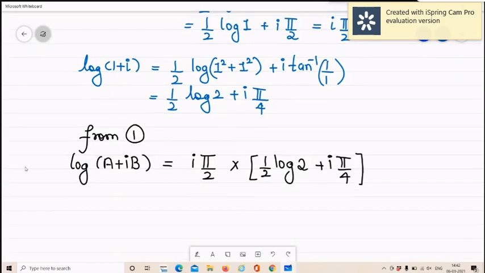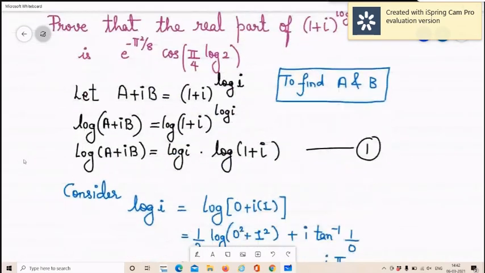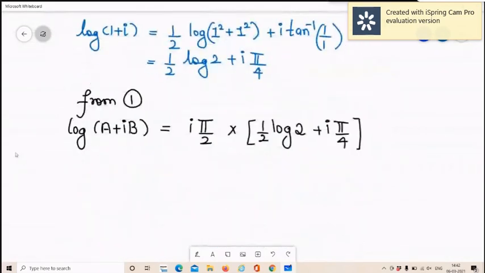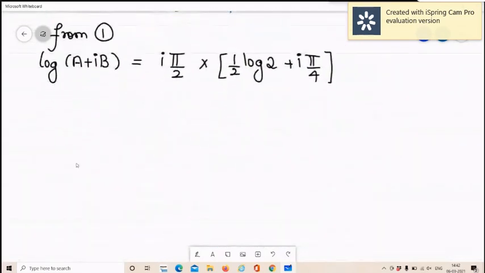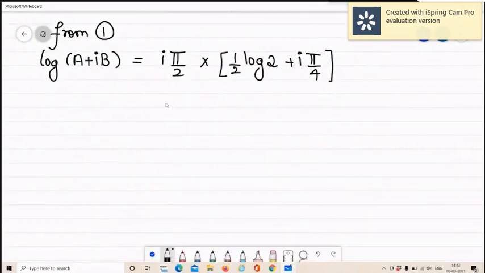So let's open the bracket. When I open the bracket, what do I get? I will get I into pi by 4 log 2 plus I square pi square by 8. And what is I square?